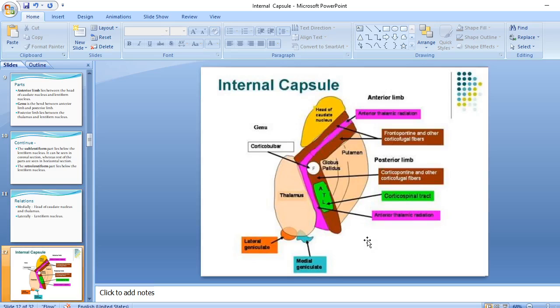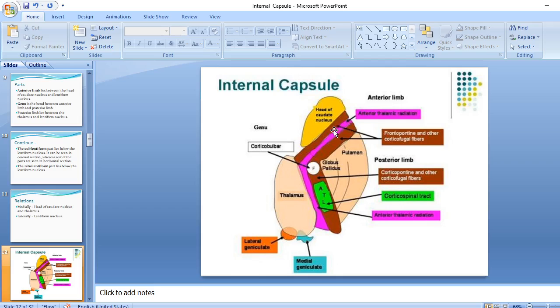Here in this diagram, you can very well see the various tracts, various fibers which are present in the internal capsule. Here in the anterior limb, you can see the frontopontine and corticofugal fibers.